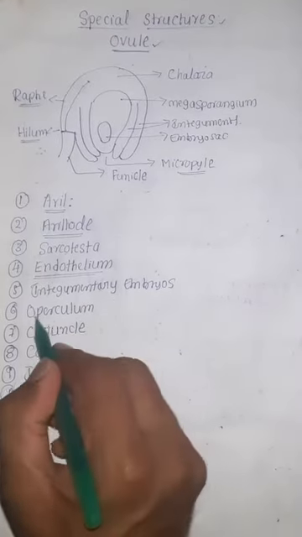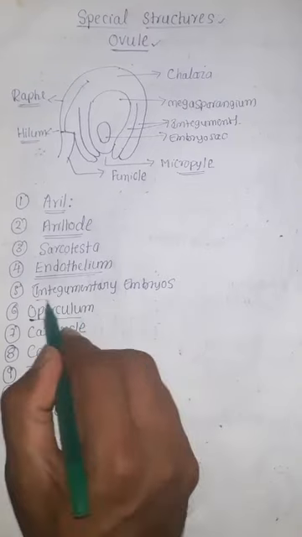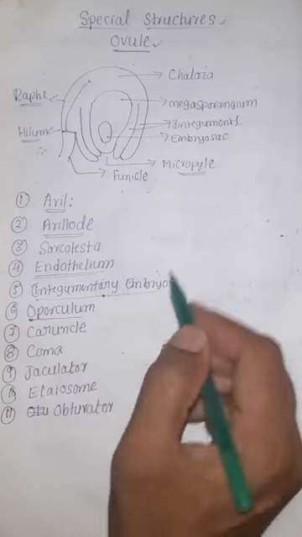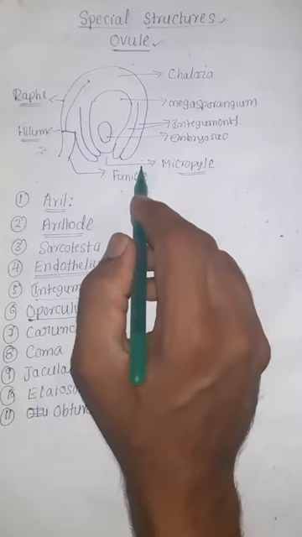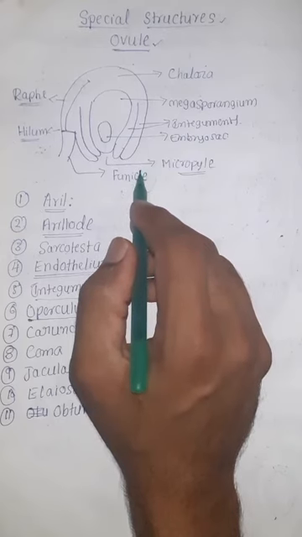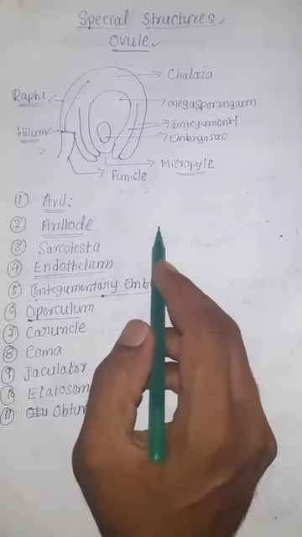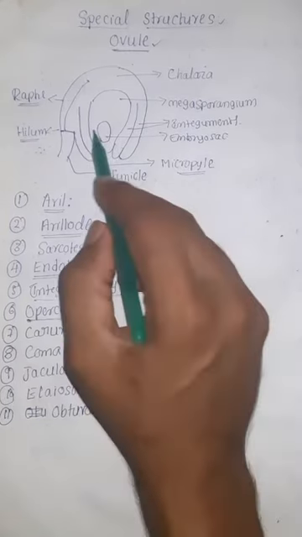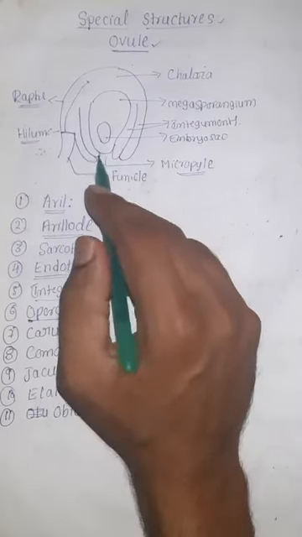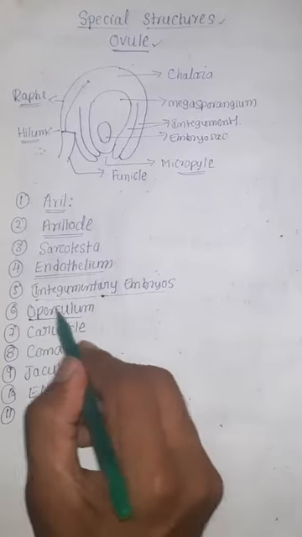These are the additional structures usually not found in a typical ovule, but in some plants or plant families we can see some additional growths or extra structures in association with the ovule. Those structures we will discuss in this video.